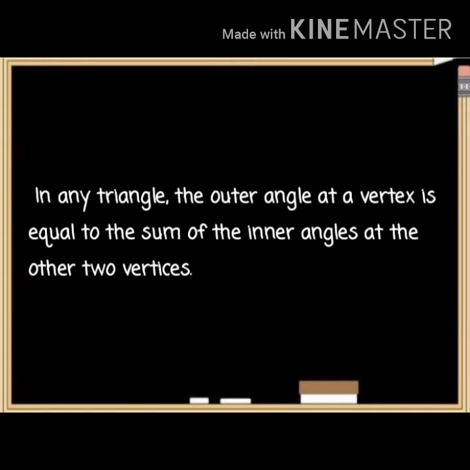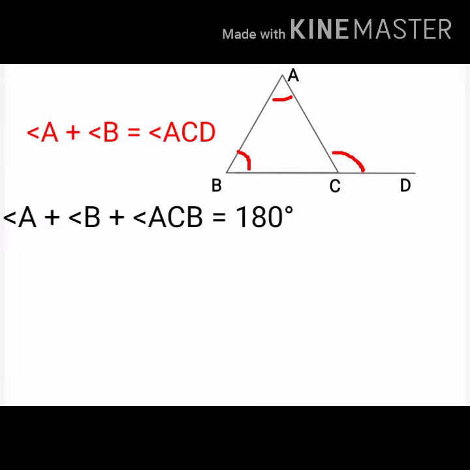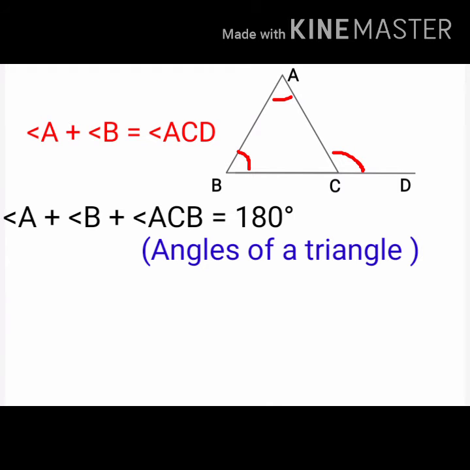Next, we are going to prove that in any triangle, the outer angle at a vertex is equal to the sum of the inner angles at the other two vertices. Here, we are going to prove that angle A plus angle B equals angle ACD. We already know that angle A plus angle B plus angle ACB equals 180 degrees because these are the angles of a triangle.